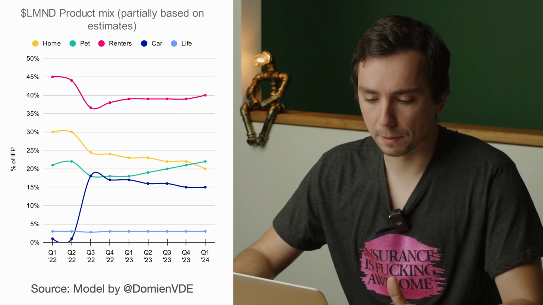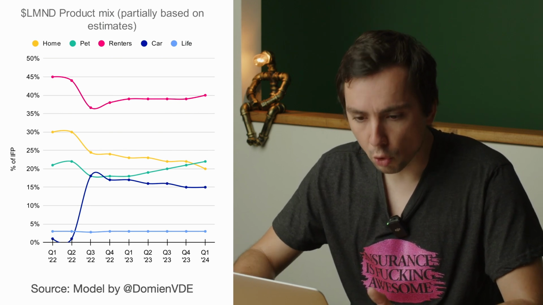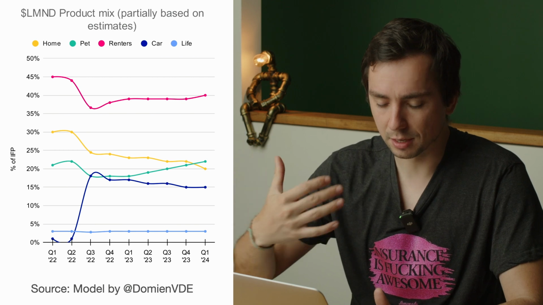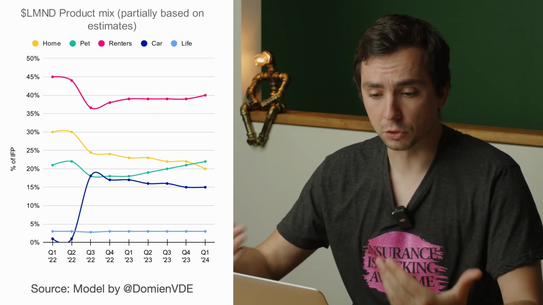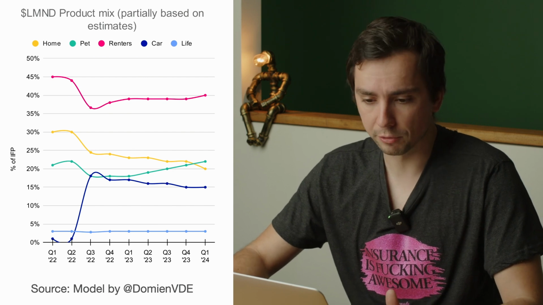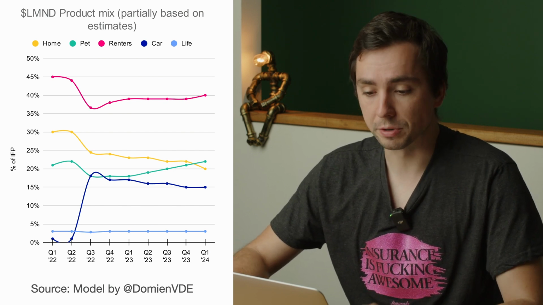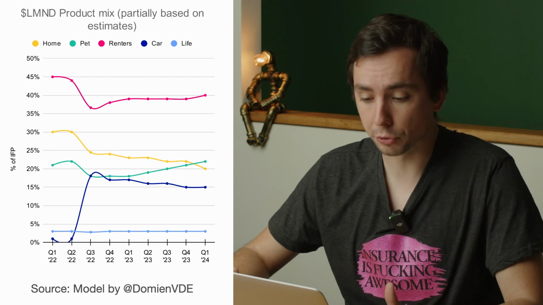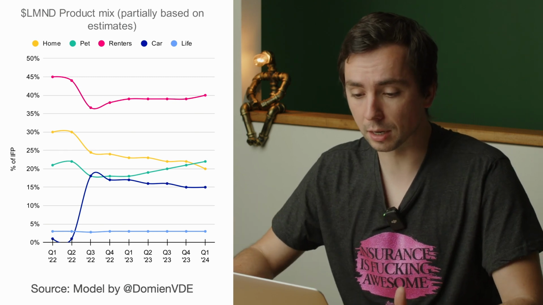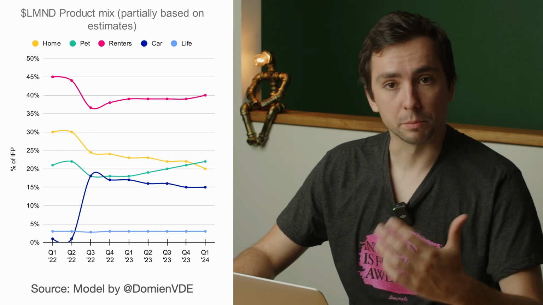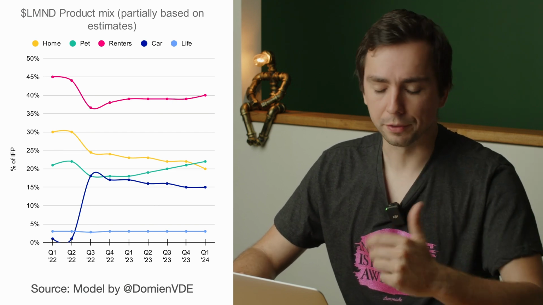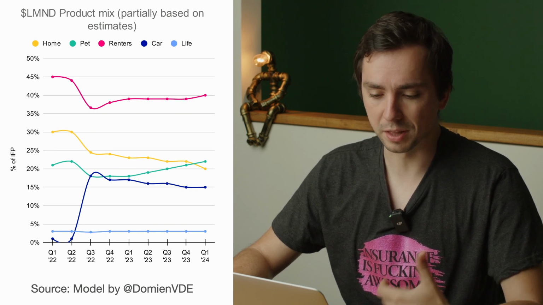So this leads to home becoming a lesser and lesser part of their business, because they are promoting the two other products which are profitable, which is pet insurance and renters insurance. So you can see the green and the pink line steadily going up throughout time, except in the beginning when they dropped because of the rise of car insurance when they bought Metromile.